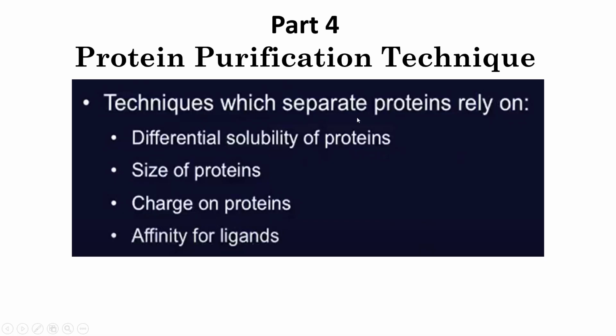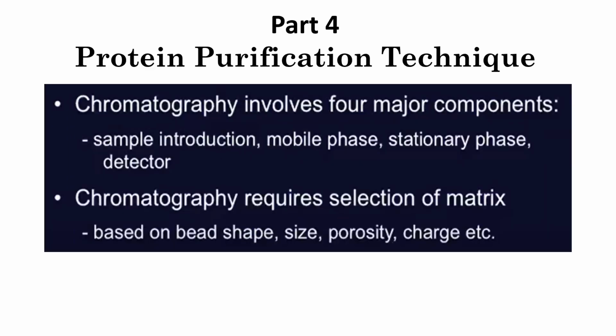So what are you doing in this chromatographic technique? Basically, as I just mentioned, depending upon the differential solubility of proteins. So these are different principles by which a protein gets separated, either depending upon the solubility, depending upon size, depending upon charge, or depending upon affinity. So chromatography involves four major components: mobile phase, stationary phase, detector, and sample introduction.